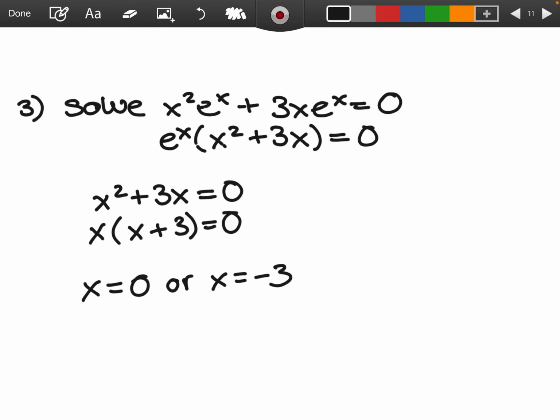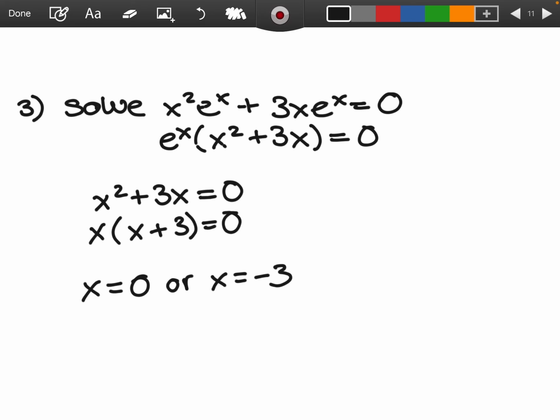So then I can factor this to find all possible values of x. But I do not get any possibilities for x coming from e to the x, because e to the x never equals 0. It's only the other part of my factorization that can possibly equal 0, and that is all due to that horizontal asymptote and that the graph never reaches 0.